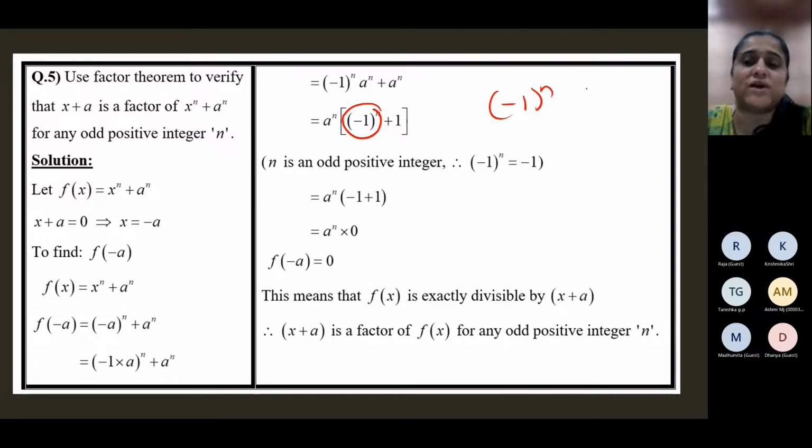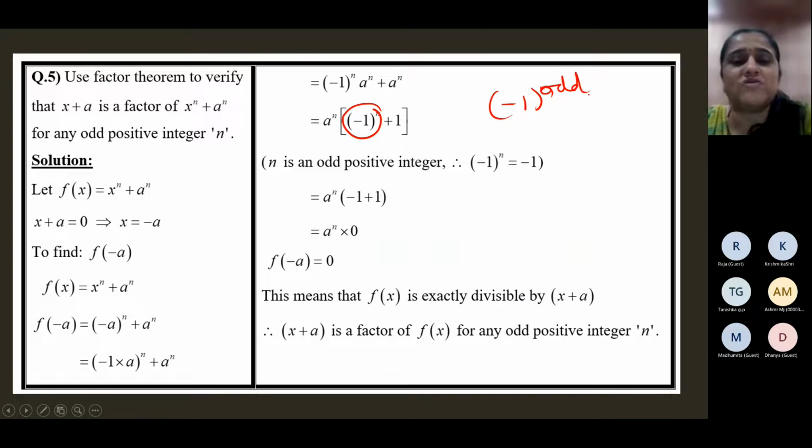It's very easy to find its value because we know that n is an odd number. And you know, 1 raised to any power is 1 only. 1 to the power 5 is 1. 1 to the power 10 is also 1. So when the power is odd, that means minus will happen odd number of times.